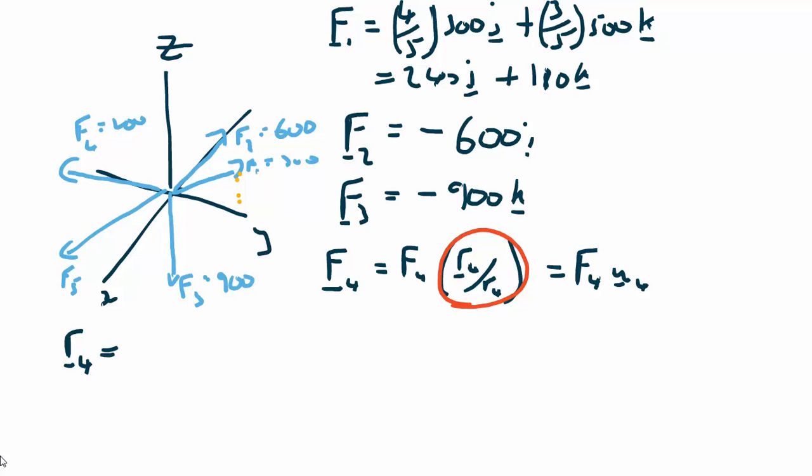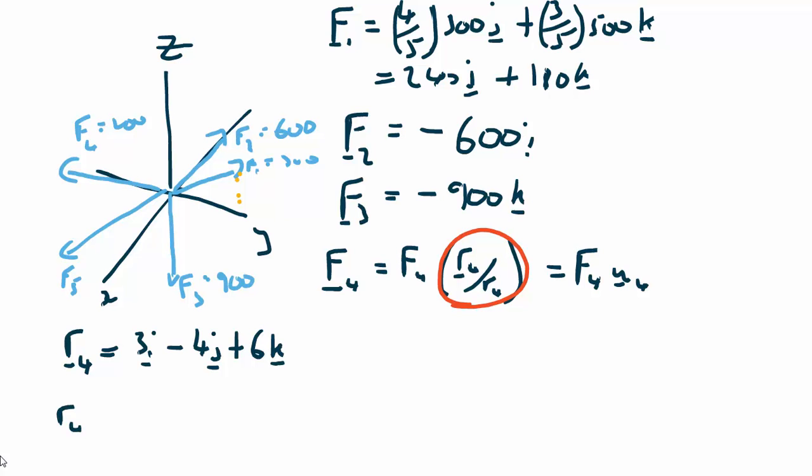So position vector of 4, we are given x, y, and z distances in the question. So it is going to be moving 3 meters in the I direction, so 3I, backwards 4 meters in the J direction because it's going along the negative y-axis, and it's moving upwards 6 meters.